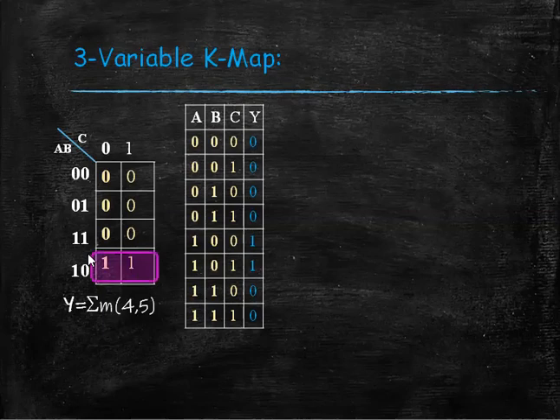It is a 3-variable K-map. When a pair is formed, one variable must be reduced. Here which variable is reduced?